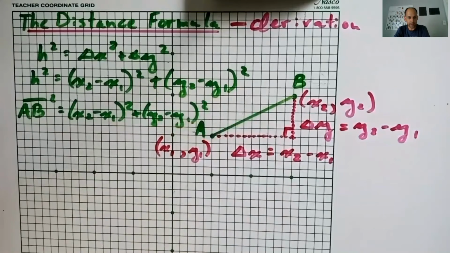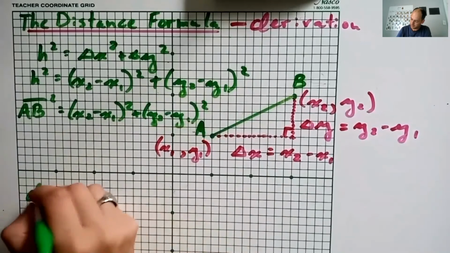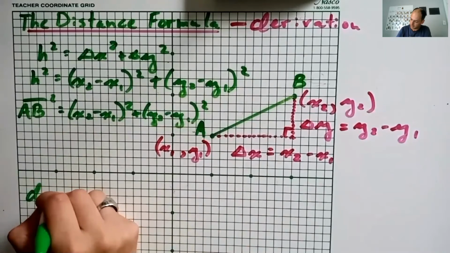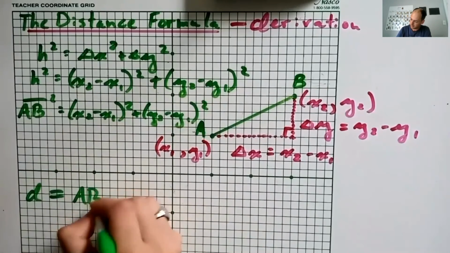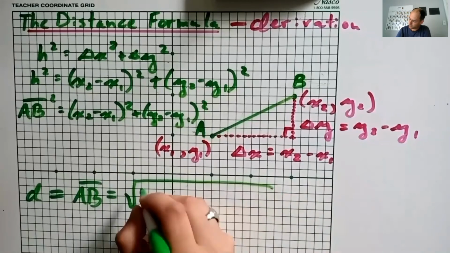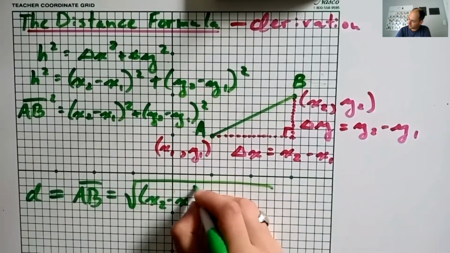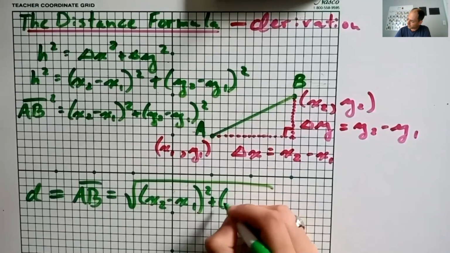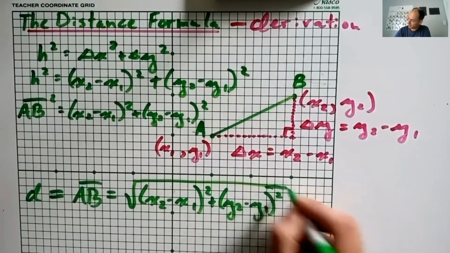And of course, to find the actual length of AB, you need to take the square root of the whole thing. So segment AB, the distance of any line or any segment, line segment, in this case, AB is equal to the square root of x2 minus x1 all squared plus y2 minus y1 all squared.